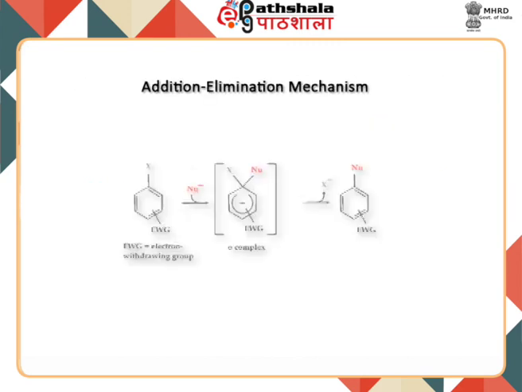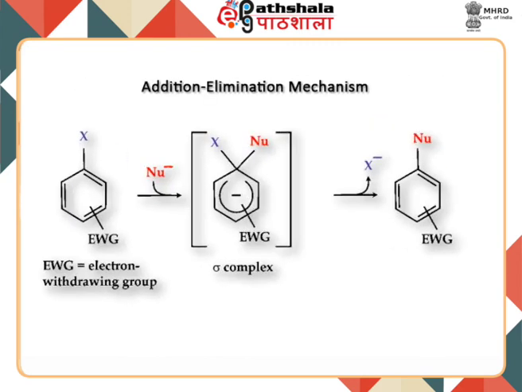Let us understand an addition-elimination mechanism. Here, substitution takes place at the ipso position. Presence of a strong electron withdrawing group at ortho or para to the leaving group favors the addition-elimination mechanism.